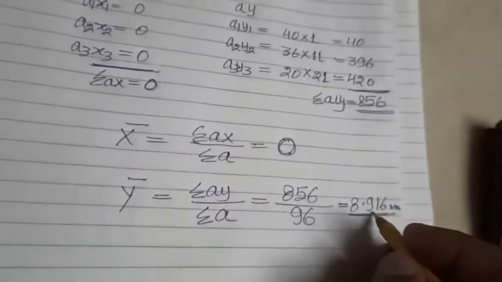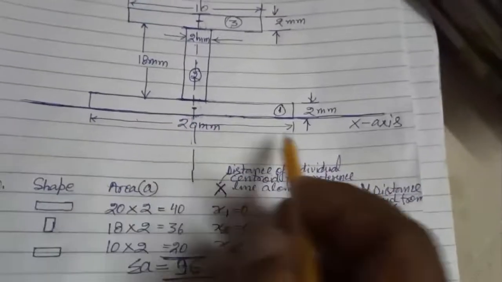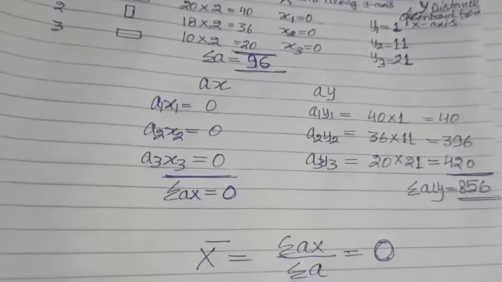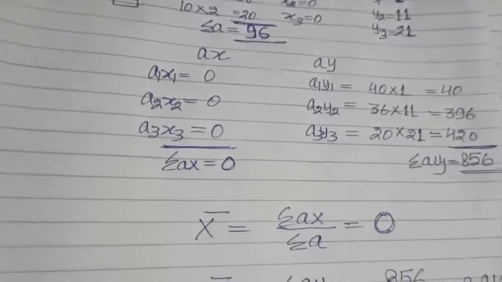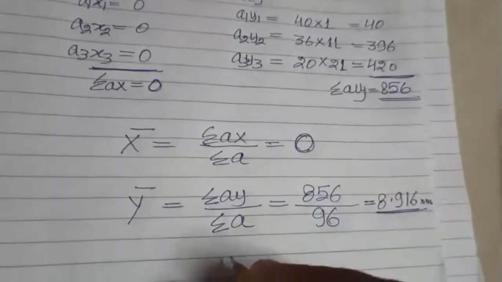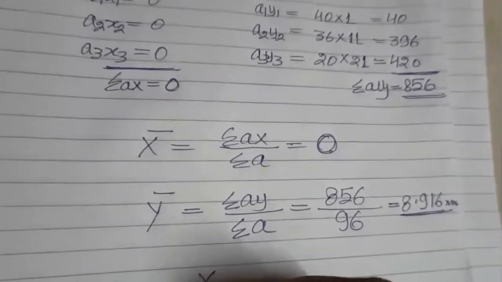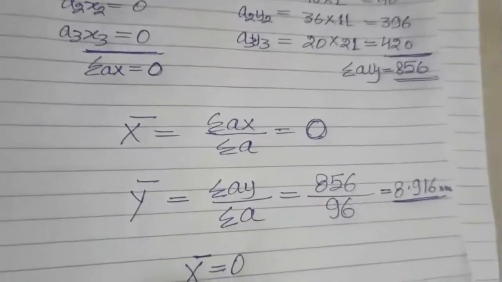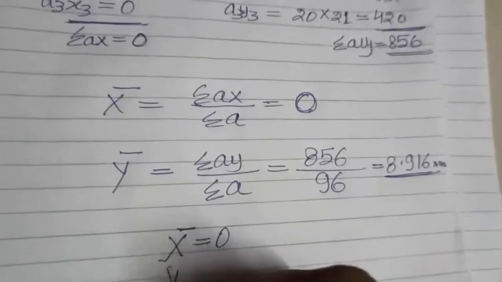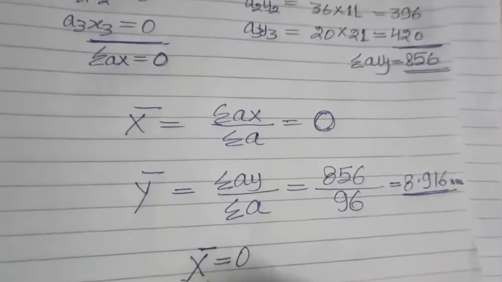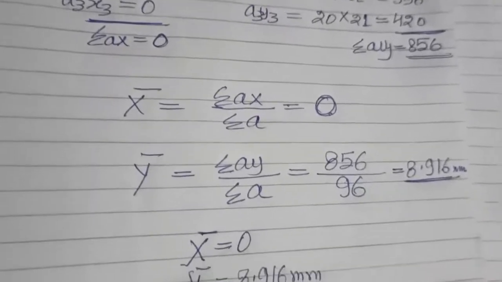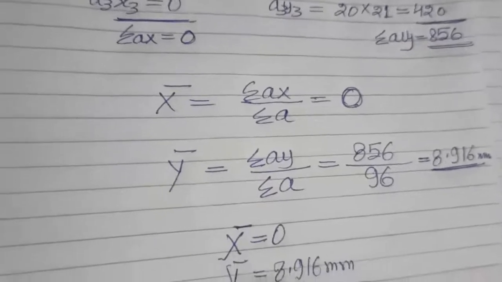So this is the distance of the centroid from this x-axis. So for this figure, x bar is equal to 0 and y bar is equal to 8.916 millimeter from the reference line taken.